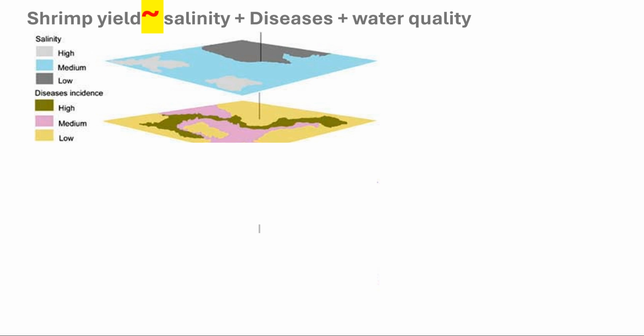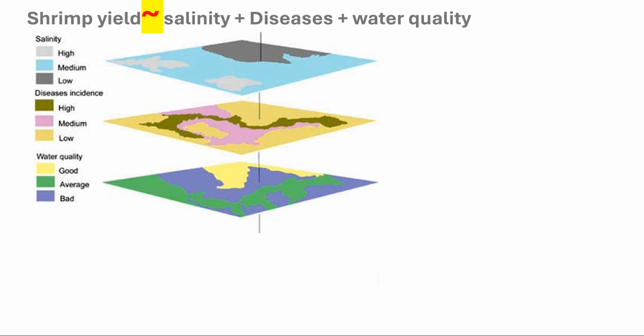For disease incidence, we would classify the farm into high, medium, and low disease incidence. And we can see that the majority of the farm has a low disease incidence. For water quality, we see that most of the farm has average and bad water quality.